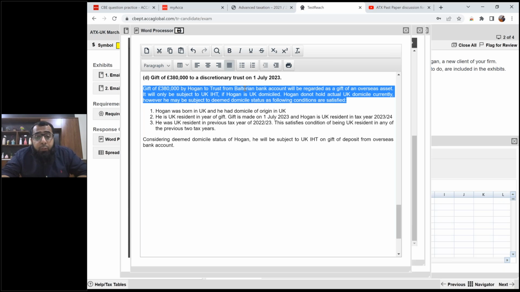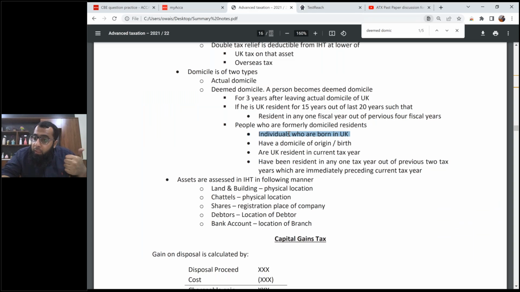Gift of 380,000 by Hogan to trust from Baltinian bank account will be regarded as gift of overseas asset. It will be subject to UK IHT if Hogan is UK domiciled. Now, Hogan does not hold actual UK domicile currently. However, he may be subject to deemed domicile status as the following conditions are satisfied. Number one, you are born in UK. Number two, you have domicile of origin.